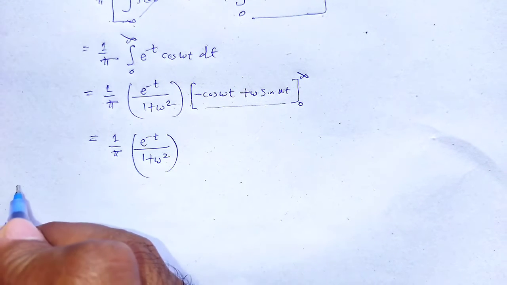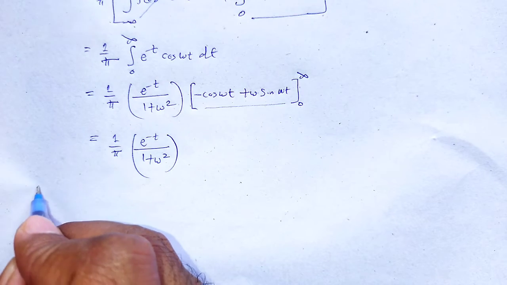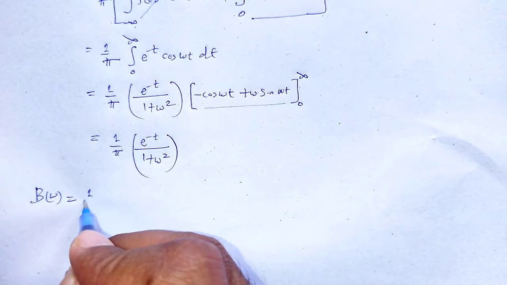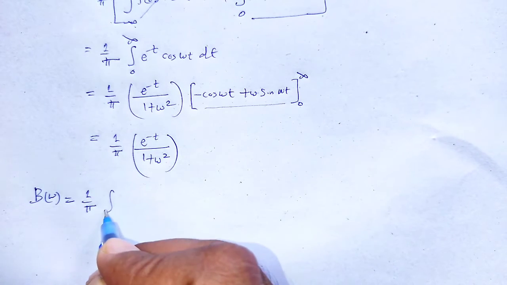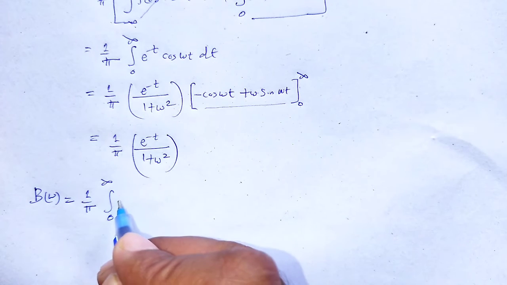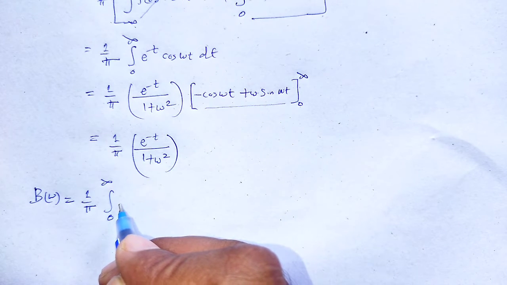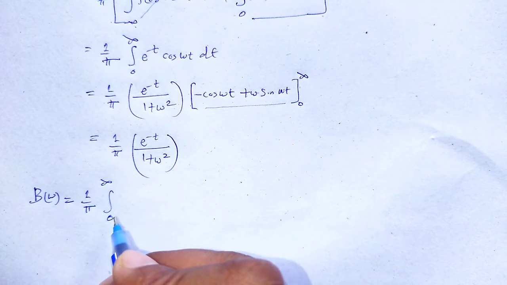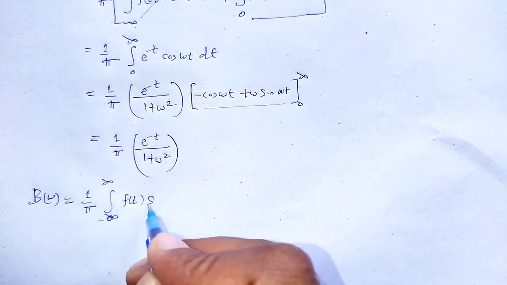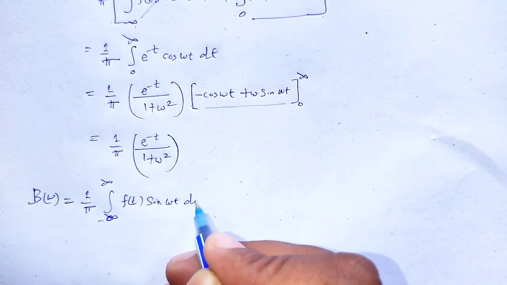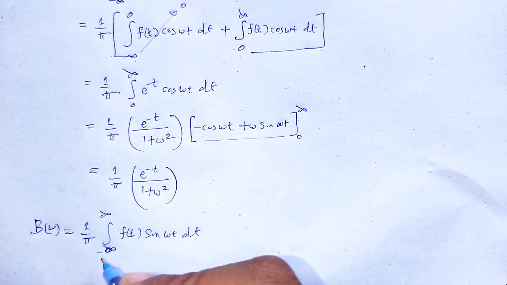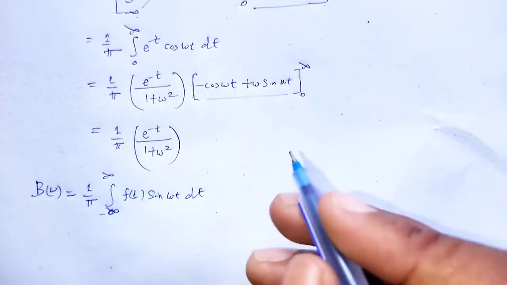Next, b of omega is 1 by pi integration of f of t sin omega t dt from minus infinity to plus infinity. The limit is divided as minus infinity to 0 and 0 to plus infinity.